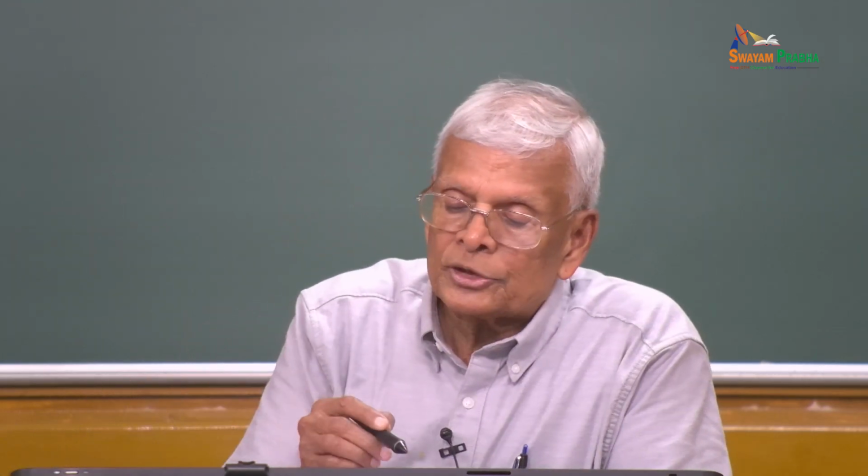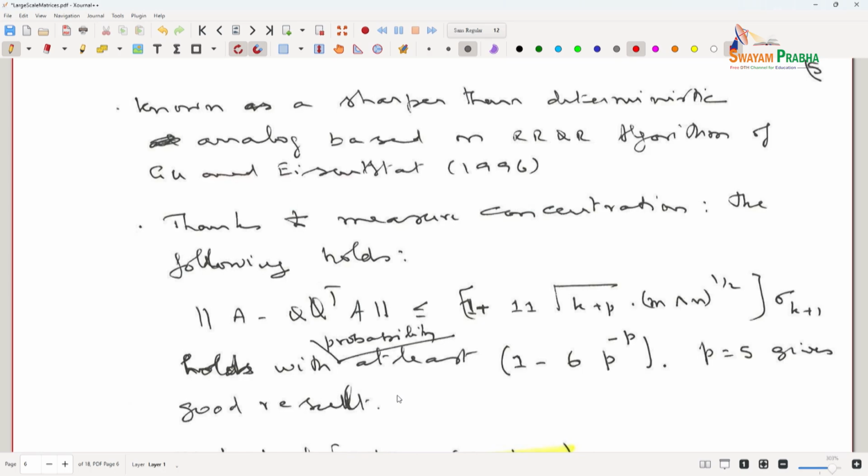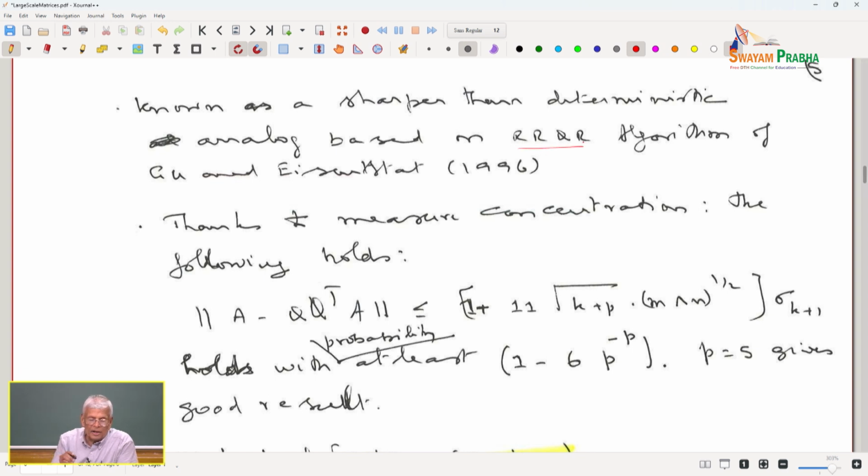This is known as sharper than the deterministic analog based on the RRQR algorithm of Gu and Eisenstat in 1996.